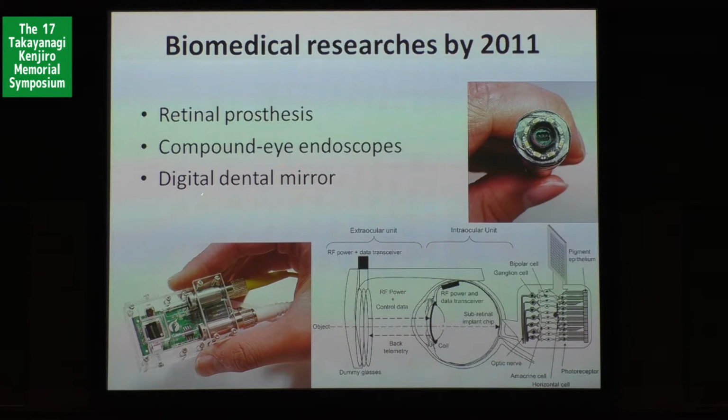I'm still working on the last topic, but these are examples of prototype systems. This is a digital dental mirror and compound eye endoscope prototype, and this is a schematic of the retinal prosthetics. Today I'd like to talk about my results on just retinal prosthesis.